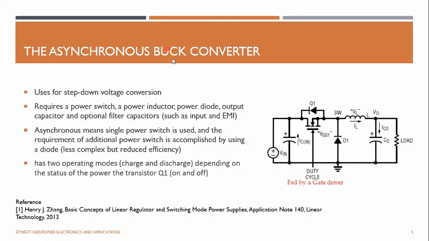All right, so now we are moving to the real scenario, which is the asynchronous buck converter. This is for step-down voltage conversion, and it requires a power switch. This is a simple circuit diagram of a buck converter. You have this power supply, which could be a battery, or you can add an input capacitor as well.